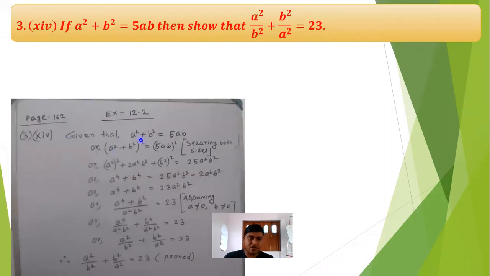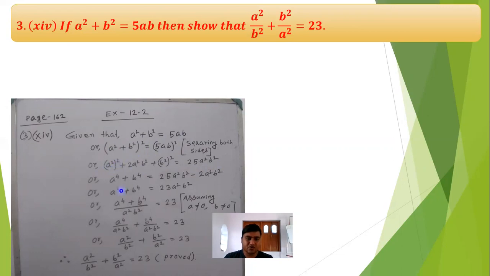Given that a square plus b square equals 5ab. Squaring both sides, a square plus b square whole square equals 5ab whole square. So now a square whole square plus 2 a square b square plus b square whole square equals 5ab whole square, which is 25 a square b square.